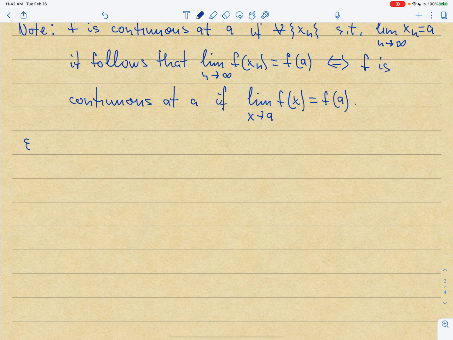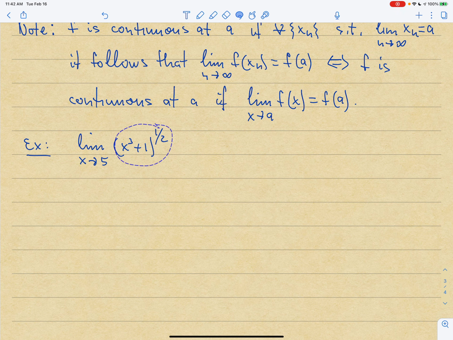So if we do an example like this, the limit as x goes to, let's say, 5 of (x cubed plus 1) to the power 1/2. I look at this function, (x cubed plus 1) to the power 1/2.